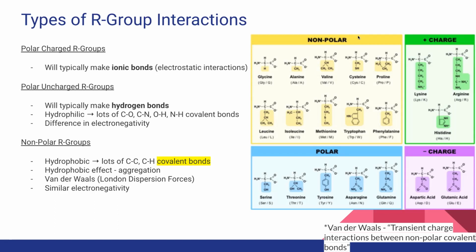Because they can't make the ribbon structure. Yes, I may not have heard it when you were explaining it, but is it glycine and alanine that can act as both a polar or non-polar molecule? I remember there being one amino acid. Yeah, so glycine is.